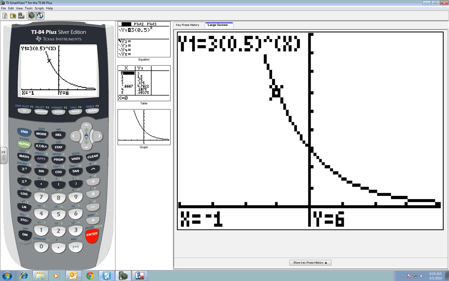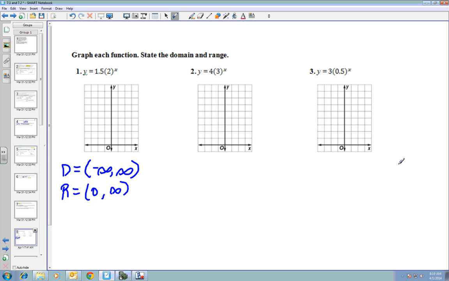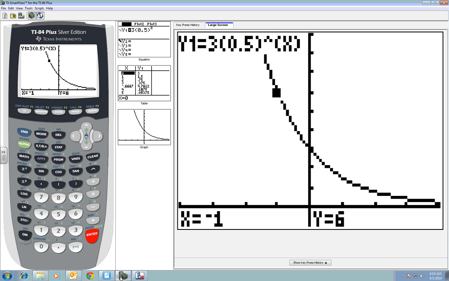Okay, so after you sketch it, let's write our domain and range. What's my domain for this one? All reals. So I can either put all reals or I can put negative infinity to infinity. On these, the domain will be all reals for all of them. My range, how far up and how far down does this go? Again, it's 0 to infinity, right?